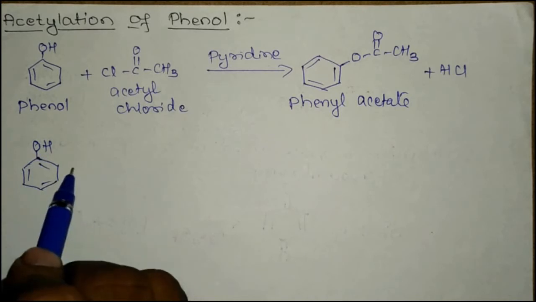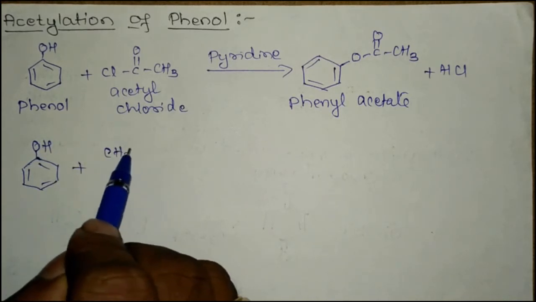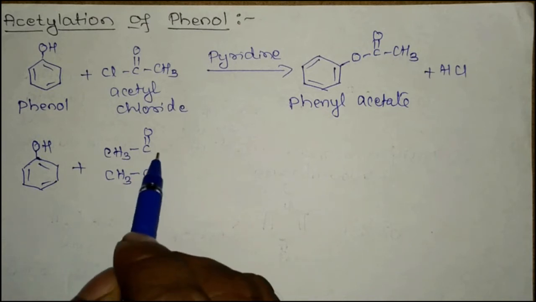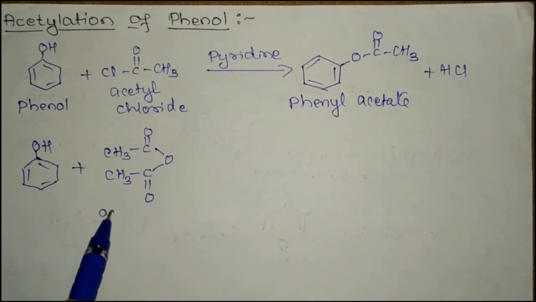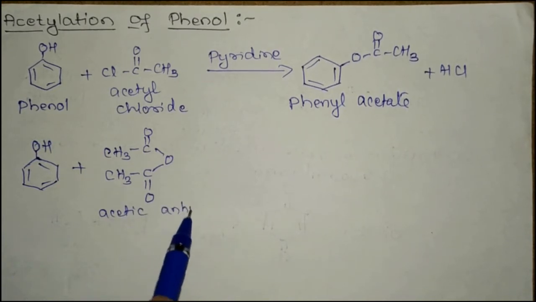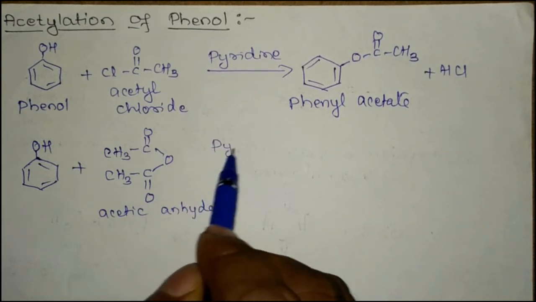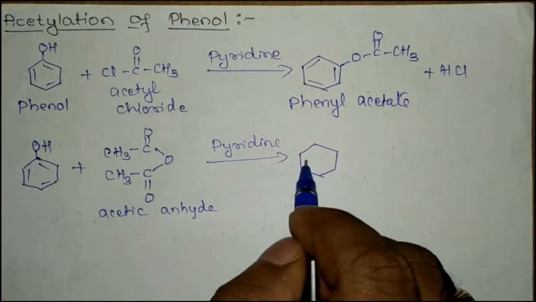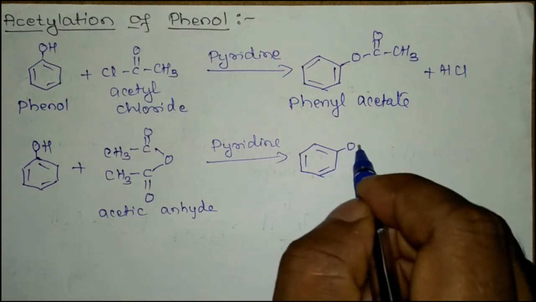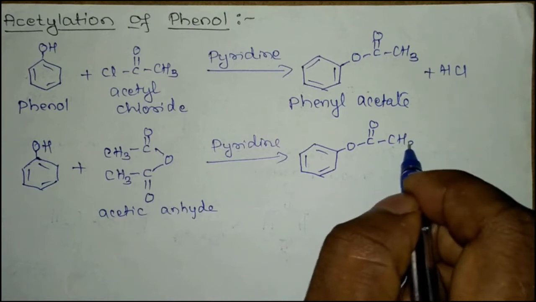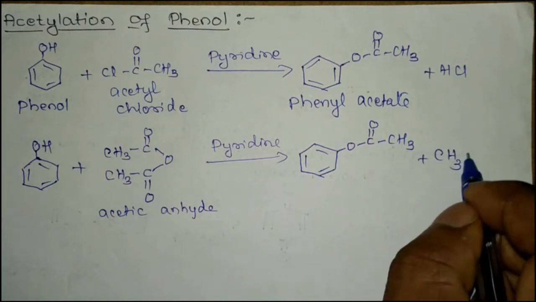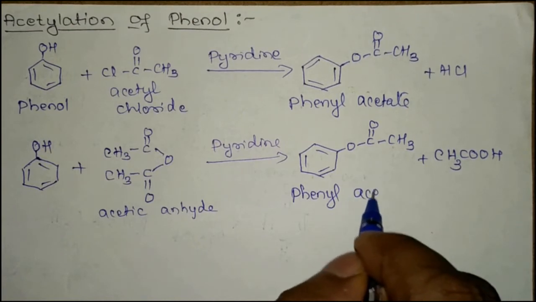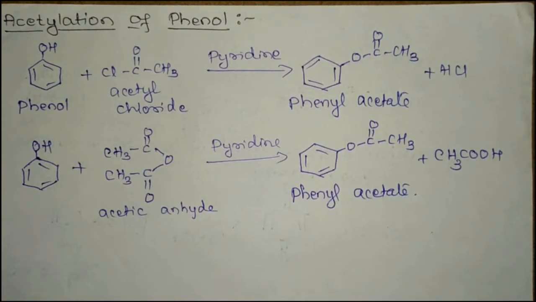When phenol is treated with acetic anhydride, CH3CO, this is acetic anhydride, in the presence of pyridine catalyst, you are going to get the same compound, phenyl acetate, OCOCH3, plus CH3COOH. This is acetylation of phenol.